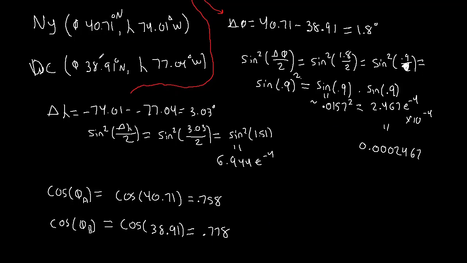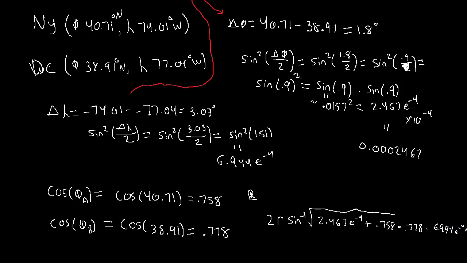Okay, so we've done everything inside of that original square root. Putting all of this together, with the pieces we have right now, we have 2r inverse sine, which we'll talk about in a minute, of the square root of 2.467 e to the negative 4 plus 0.758 times 0.778 times 6.994 e negative 4.